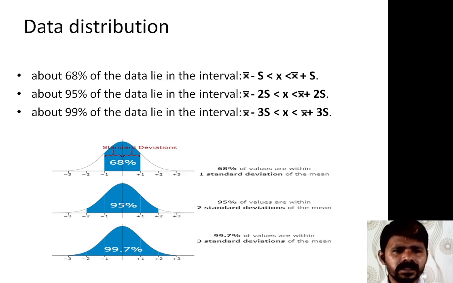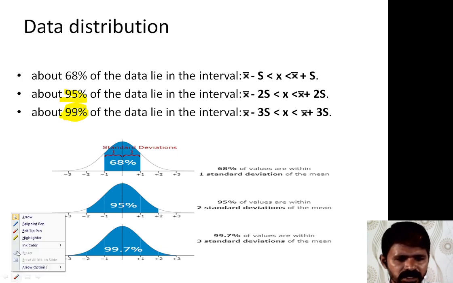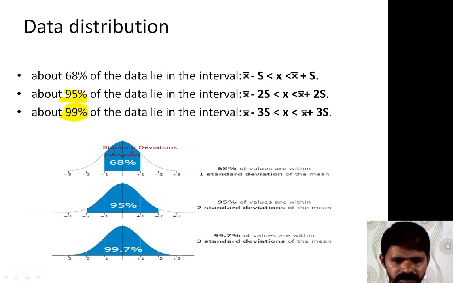The standard deviation values are distributed at 3 levels: 1 standard deviation, 2 standard deviations, and 3 standard deviations. 1 standard deviation means mean plus or minus 1 standard deviation, which covers about 68% of the data.